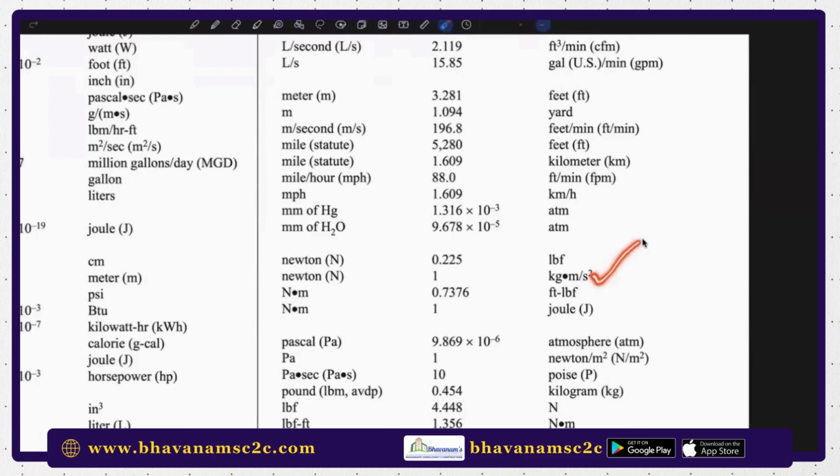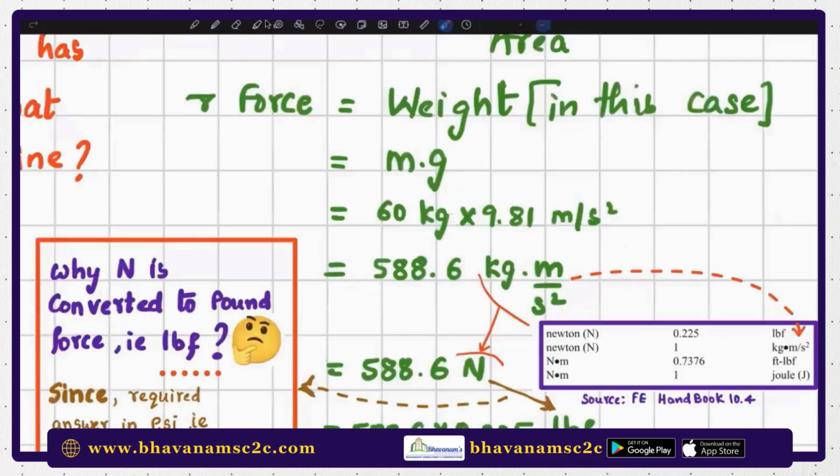So it is here. It is kg into meter per second square. You got it here, it is equal to 1 Newton. So what I did here, I replaced this unit by simply 1 Newton. Okay, using the handbook, I came to this step.